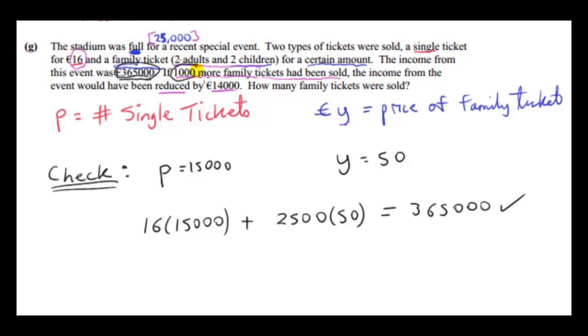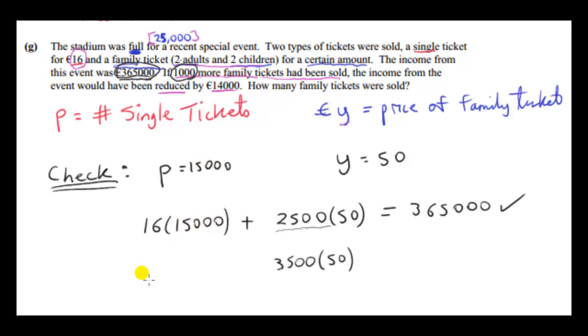Now if 1,000 more family tickets had been sold, well, let's take this statement. Initially that's the number of family tickets that were sold in the first situation. 1,000 more would mean 3,500 family tickets being sold at €50 each. And what's the situation with single tickets? 1,000 more families means 4,000 fewer single tickets.